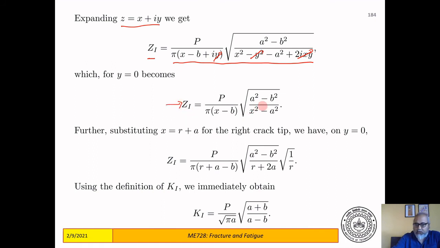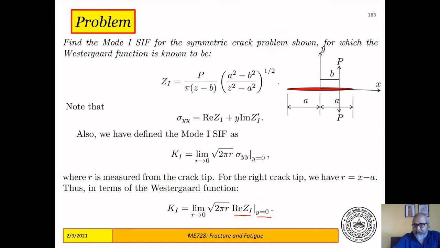Now, if you are interested in the right crack tip, you measure r from the right crack tip. So this is your r, let's say at theta equal to 0, and this is your x. r is equal to x minus a, or x is equal to r plus a.